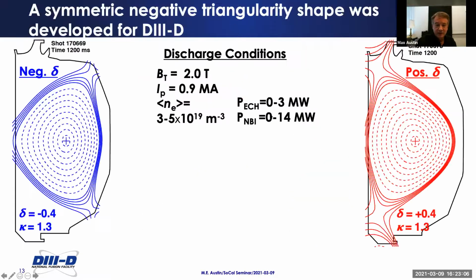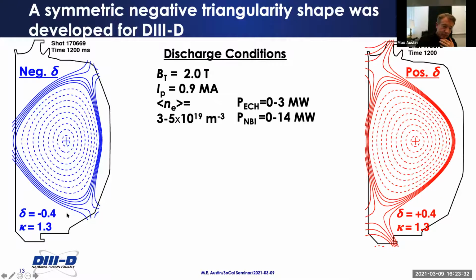Okay, so now to the experiment. Back in 2016, shown on the left is an up-down symmetric negative triangularity shape that was developed for D3D. And on the right, in red, is a matching shape developed to compare to in the traditional positive triangularity.